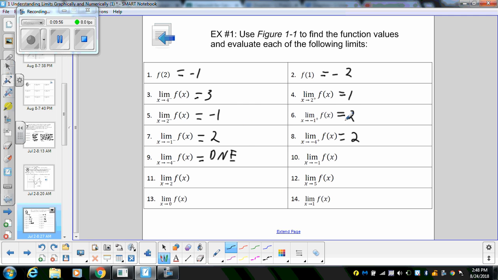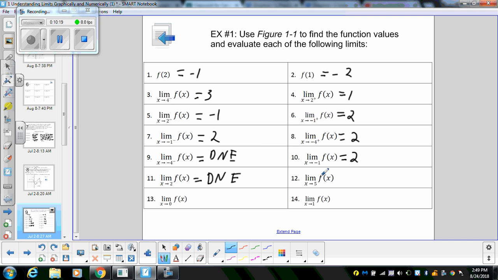And since they both equal, we know that the limit of f of x as x approaches negative 1 will also be 2. All right, but if we look at 2, we see we did it from the left and right, but since they are different values, that would mean that the limit at 2 does not exist because the left and right must be equal to each other.